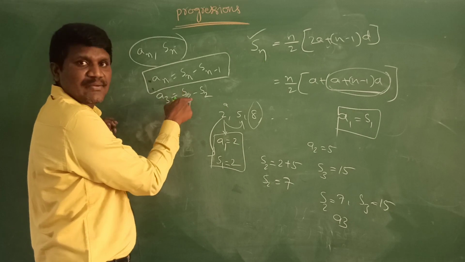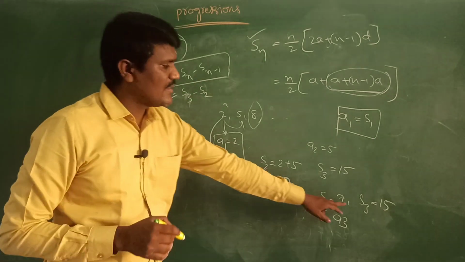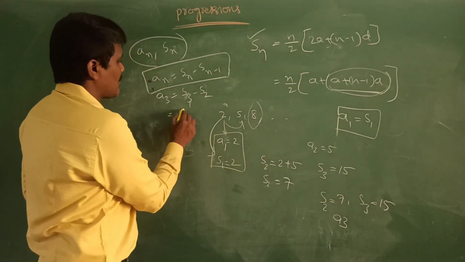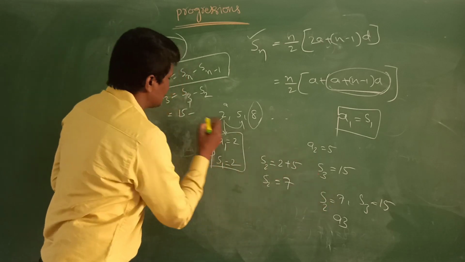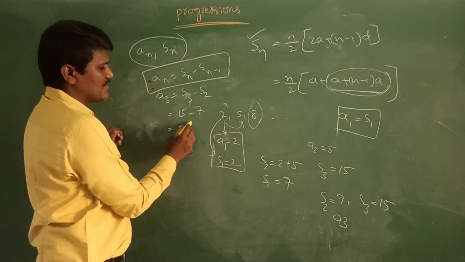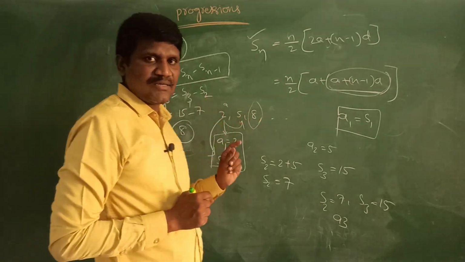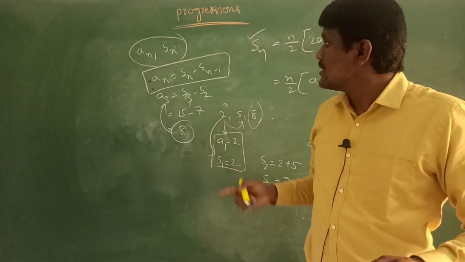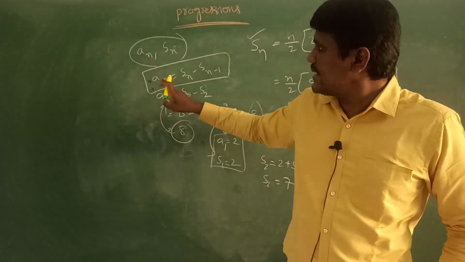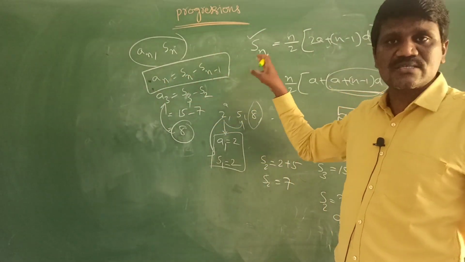S3 is 15, minus S2, which is 7. So 15 minus 7 is 8. So 8 is the third term, right? This is the solution. So you should remember that an is equal to Sn minus Sn minus 1.